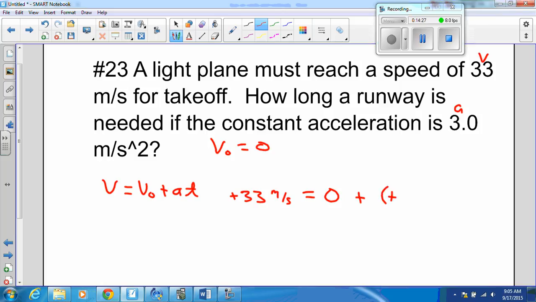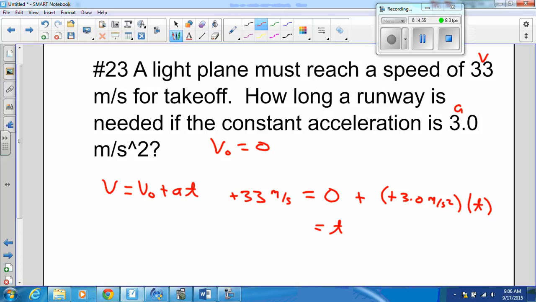It's really pulled forwards by the propellers, right? Okay. What can you find out from this equation? And what is t? Do it in your head. t is 11 seconds.